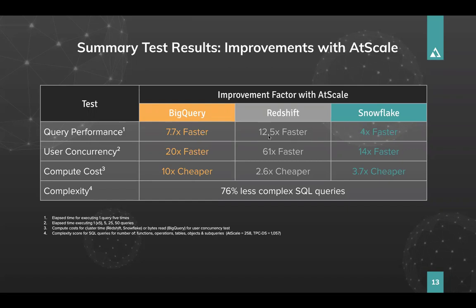And these are the numbers that came out of it. Anywhere from 4 times to 12.5 times faster on a single query, up to 61 times faster and more for user concurrency, and up to 10 times cheaper on compute costs, all with giving you much simpler queries and a much better and consistent interface.